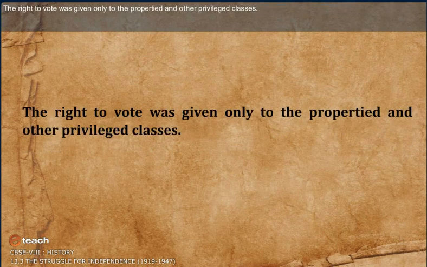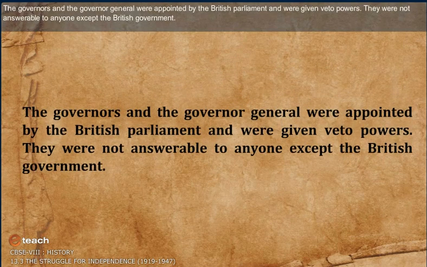The right to vote was given only to the propertied and other privileged classes. The governors and the Governor-General were appointed by the British Parliament and were given veto powers. They were not answerable to anyone except the British government.